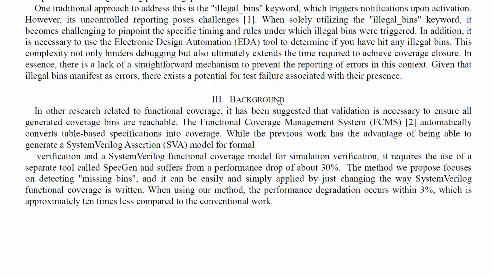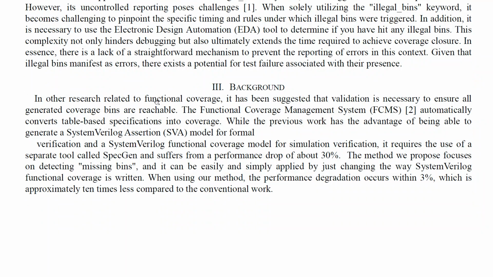Chapter 3 is background. In other research related to functional coverage, it's been suggested that a validation is necessary to ensure all generated coverage bins are reachable.